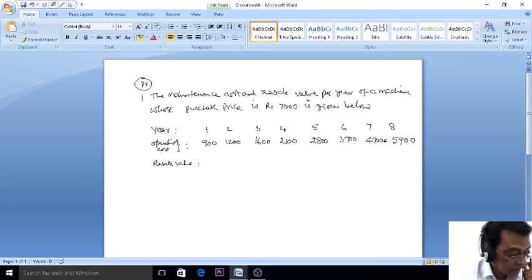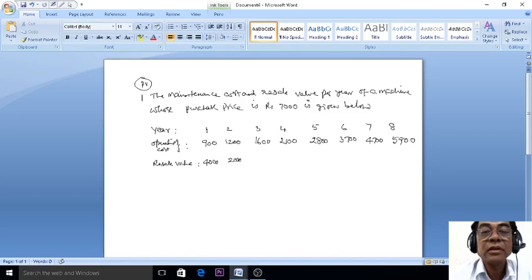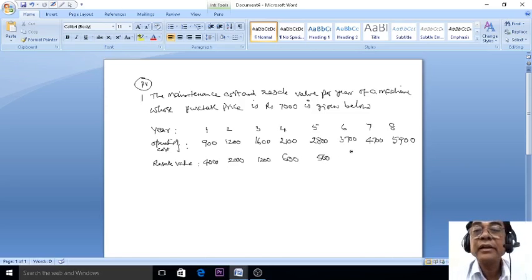And the next one is resale value: 4,000, 2,000, 1,200, 600, 500, 400, 400, 400.